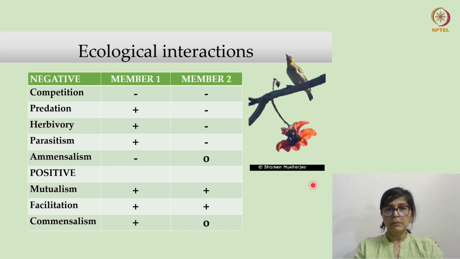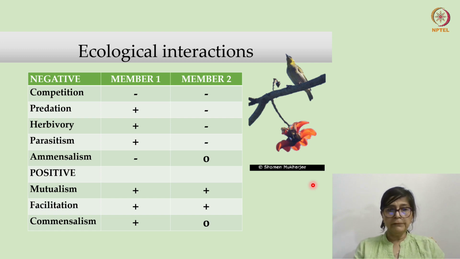Parasitism also, it is now coming to a symbiotic relationship. Negative symbiosis. Symbiosis means when two organisms live very close to each other, in association with each other. Then the next is amensalism. You have heard of amensalism and commensalism. So here one is negatively impacted, whereas the other is neither harmed nor anything happens to them.